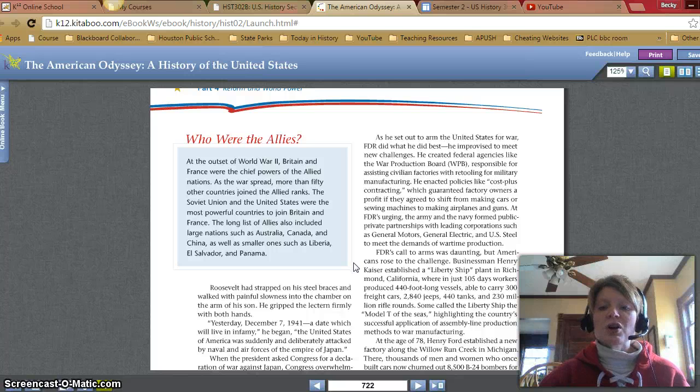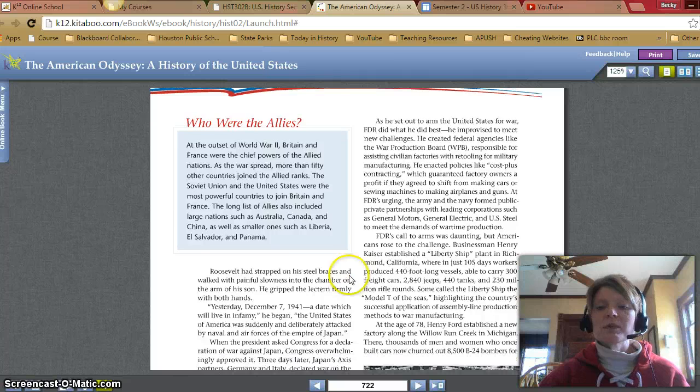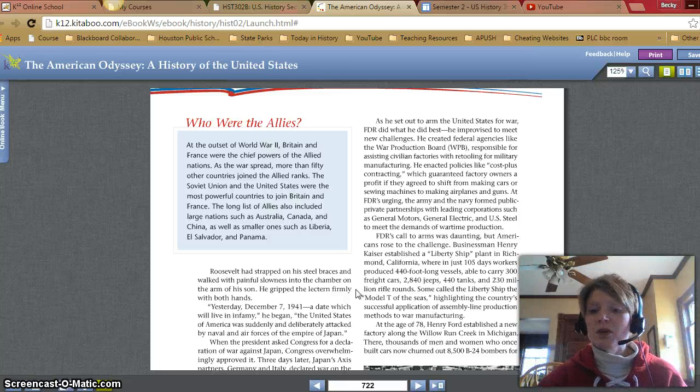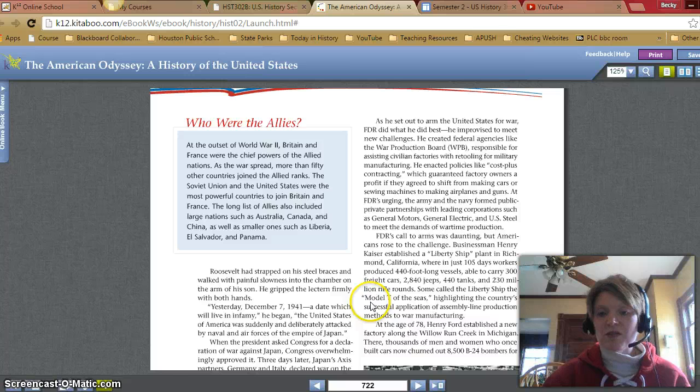FDR's call to arms was daunting, but Americans rose to the challenge. Businessman Henry Kaiser established a Liberty Ship plant in Richmond, California, where in just 105 days workers produced 440-foot-long vessels, able to carry 300 freight cars, 2,840 jeeps, 440 tanks, and 230 million rifle rounds.